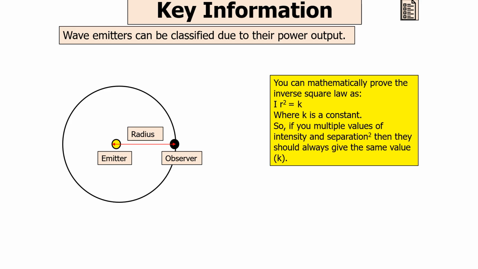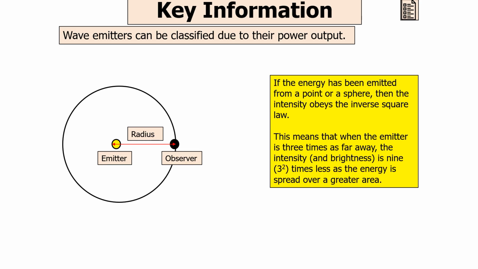If you multiply values of intensity and separation squared, they should always give the same value, k. When the emitter is 3 times as far away, the intensity and brightness is 9 times less.